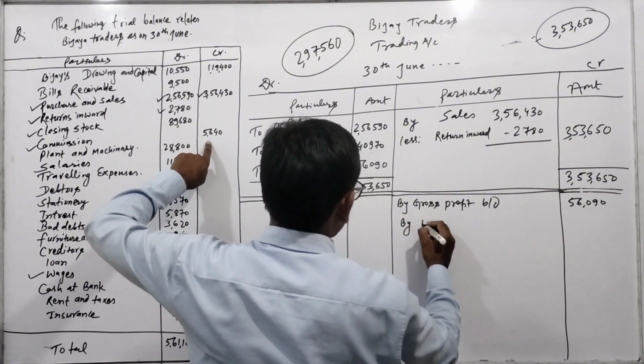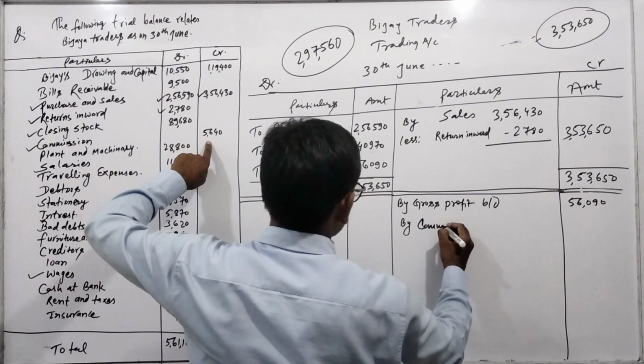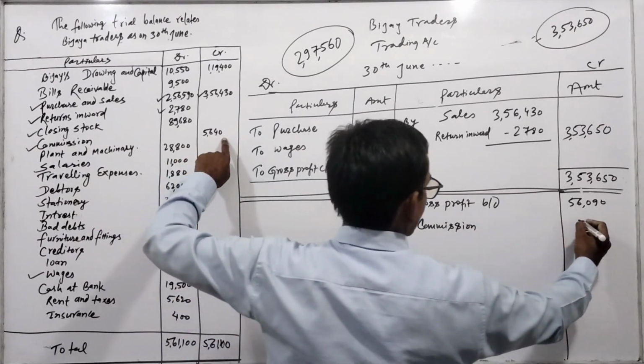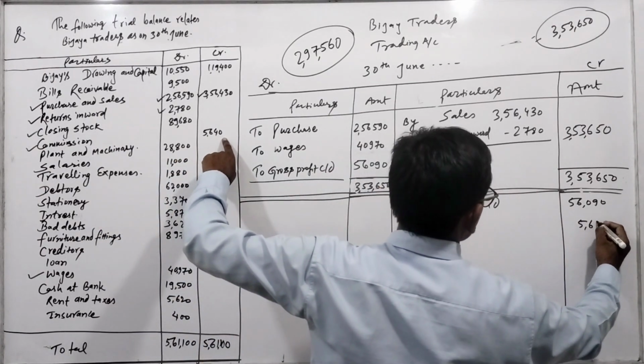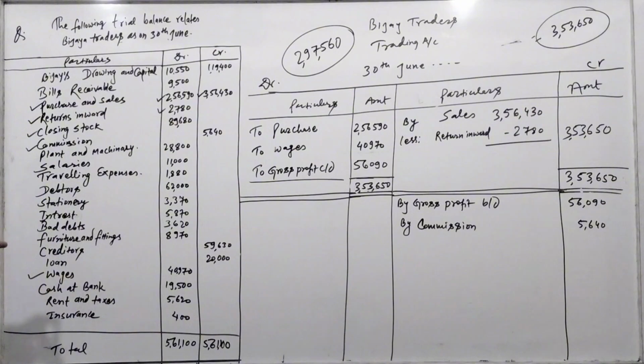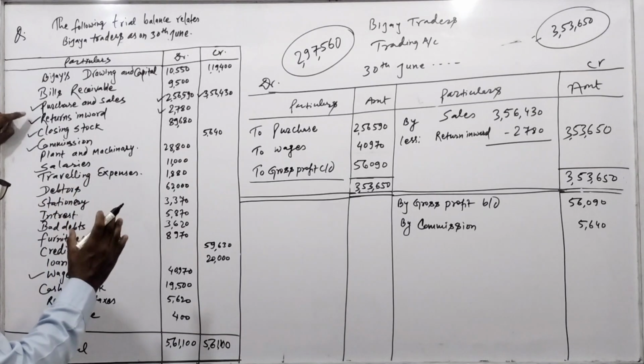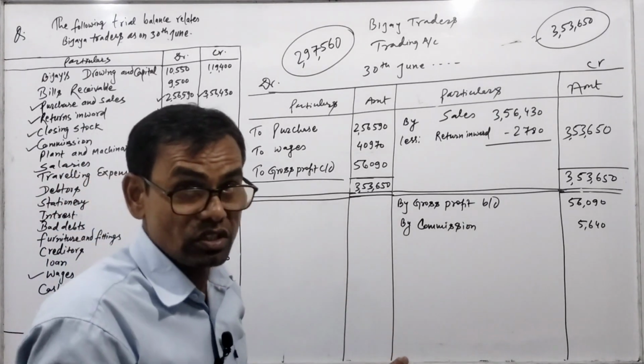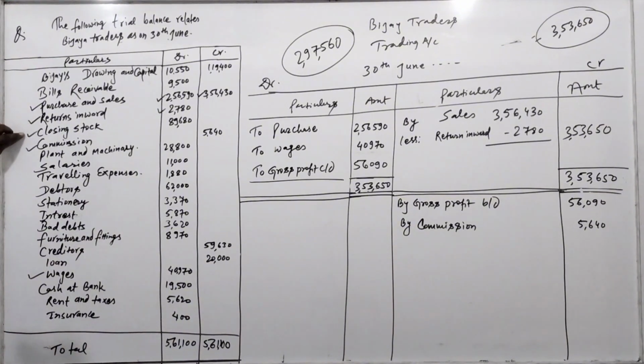So you have to write here by commission received 5,640, and you can mark it with a tick mark. It means the account has already been placed and you will not be confused.